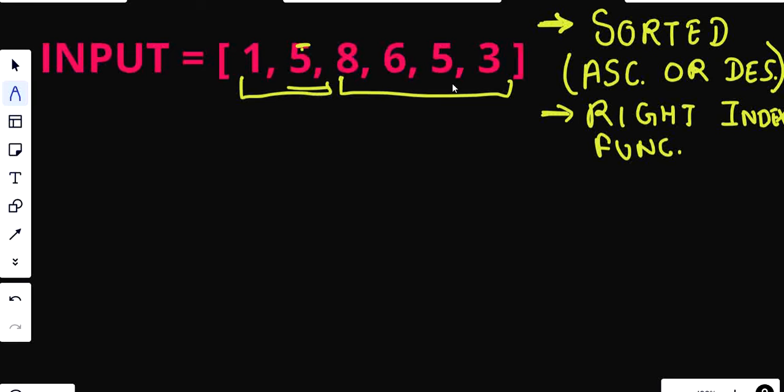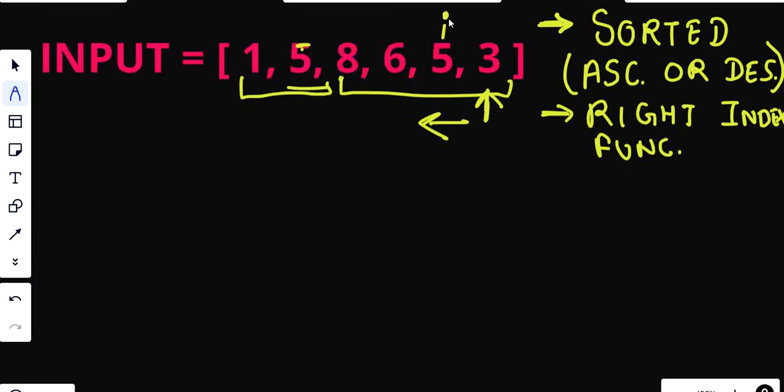For that we can use two pointers and start traversing from the rightmost index, moving in this direction and finding the point at which our condition won't be satisfied. Which condition? We can see it's in descending order.